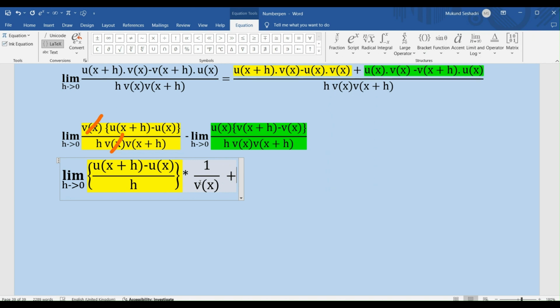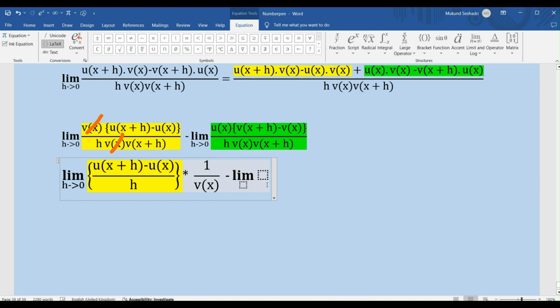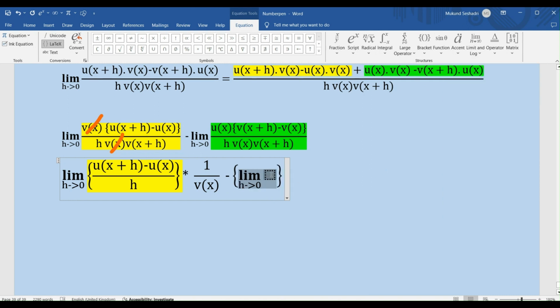And similarly, I have a minus out here and I call out my limits, limit h tending to 0, and I'm going to pull out my big bracket. I will have to do a bit of rearrangement out here.